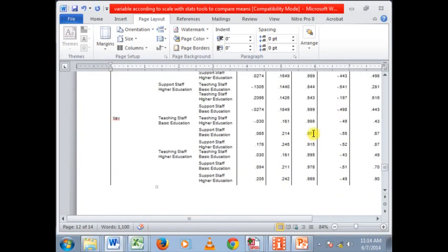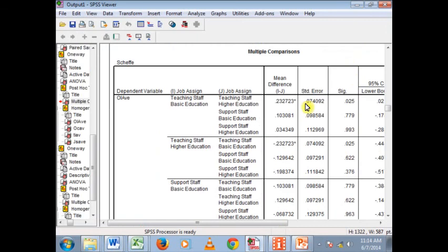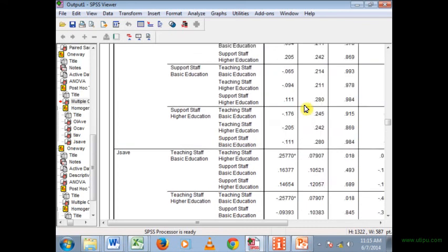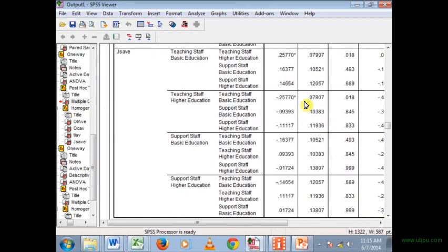So far as job assignment is concerned, it is only the teaching and the non-teaching staff that have significant differences in organizational identity, in organizational commitment, and not in turnover intention, but in job satisfaction.